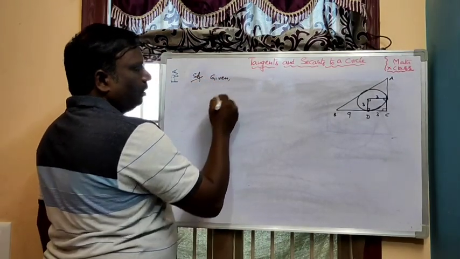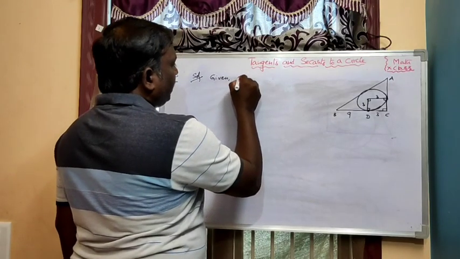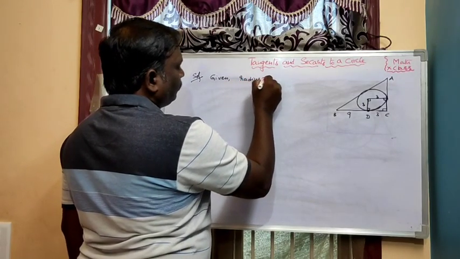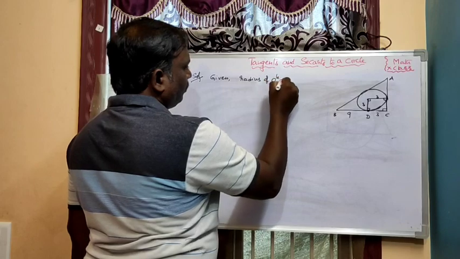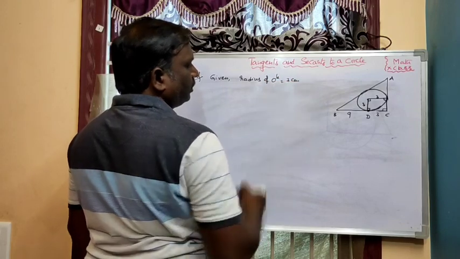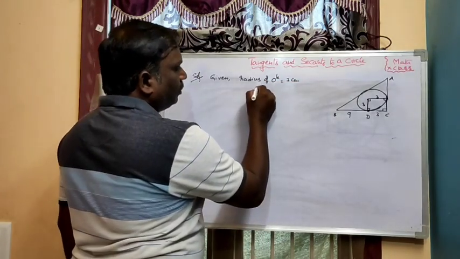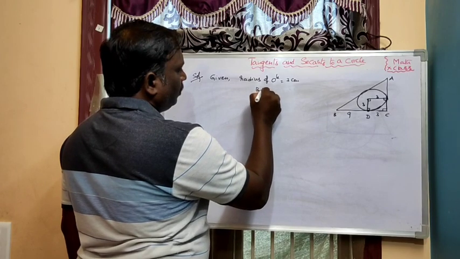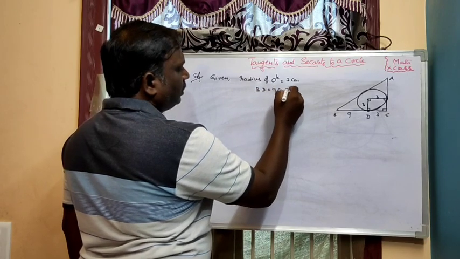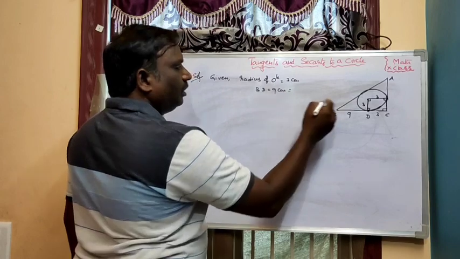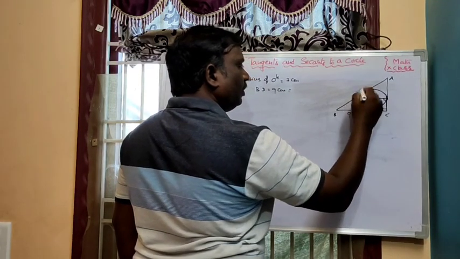Given, what they give? Radius of the circle equal to 3 centimeters, and BD equal to 9 centimeters. Then at the point of contact here is also a tangent.